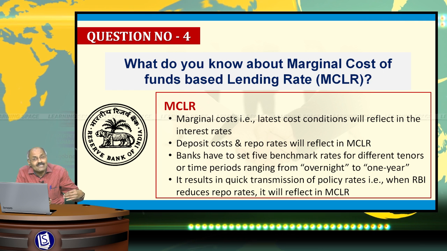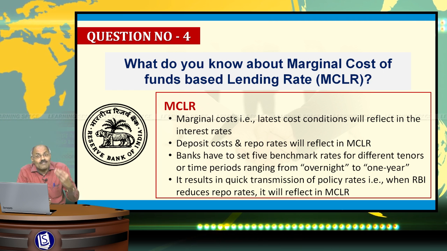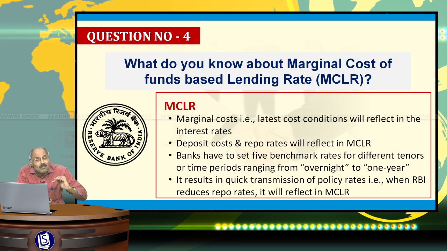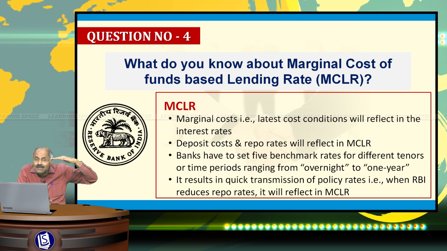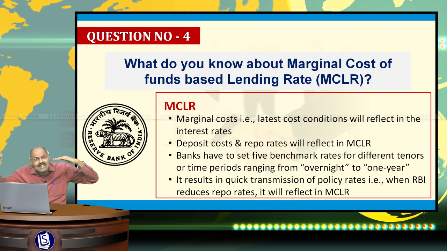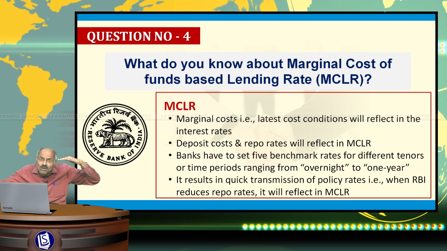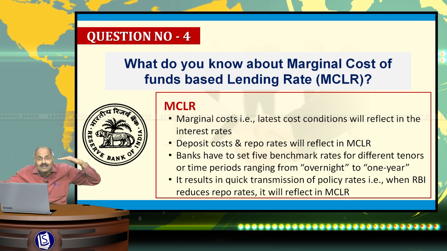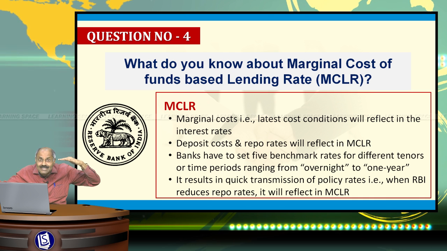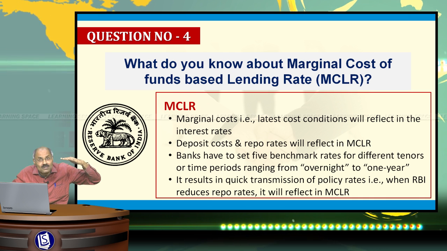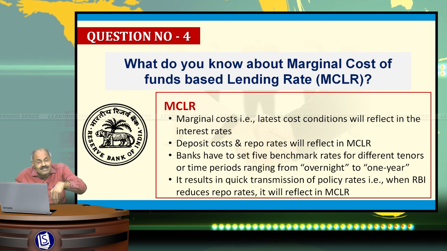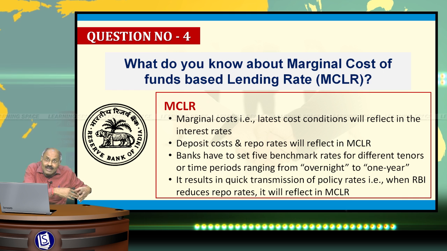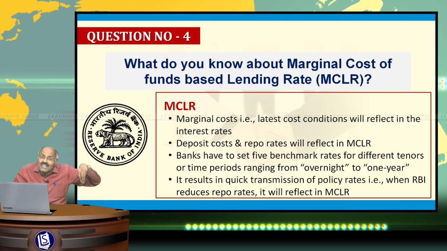Banks will devise lending rates for various time periods. So far, banks are maintaining a base rate unique for all the lending periods. If you are taking a loan for 1 year, or for 10 years, your base rate will be the same at present. But in future, banks will come up with different interest rates for different tenors. All of you are well aware, for deposits we have different rates.